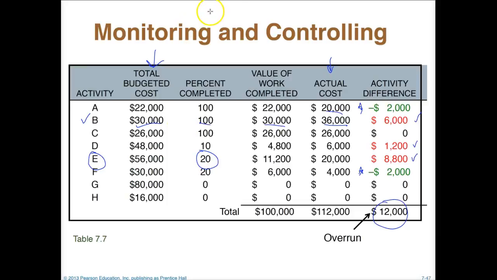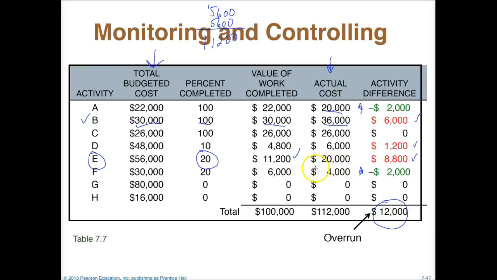So of course, 10% of $56,000 is 5,600. So 20% is that added 2 times. And of course, if we add all that together here, we get the 11,200. So that's how we're getting that amount. Of course, the actual cost is $20,000.